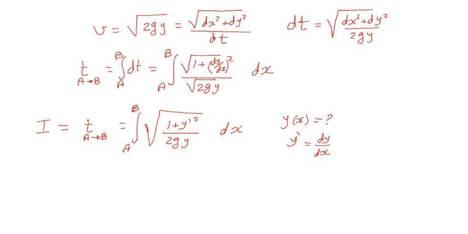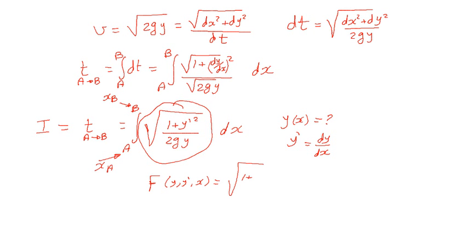Indeed, points x1 and x2 here were x_A and x_B, and the function F capital, of course, is this big square root, F of y, y prime, and x, which is the square root of 1 plus y prime squared over 2gy.